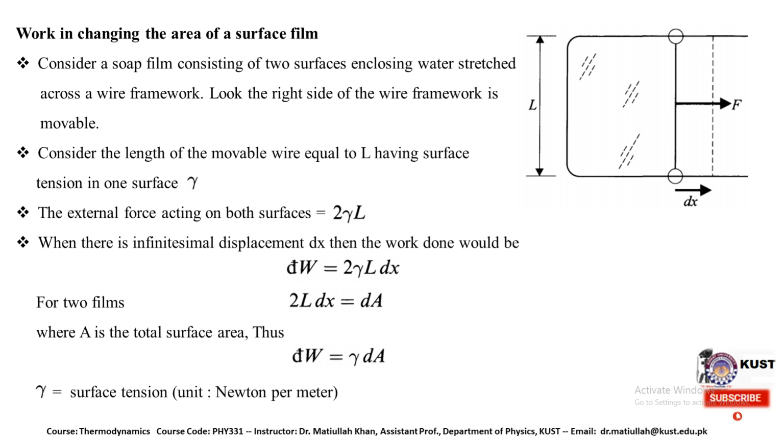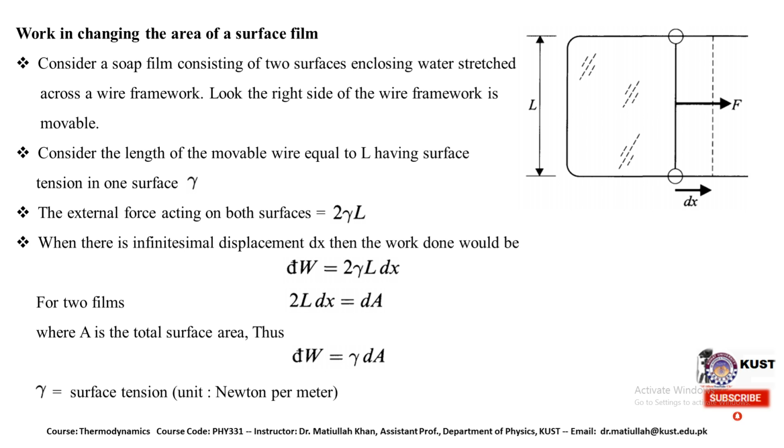Consider the length of the movable wire equal to L, with surface tension in one surface represented by gamma. So the external force acting on both sides is equal to 2 gamma L. When there is an infinitesimal displacement dx, the work equation can be written very easily: force multiplied by dx.